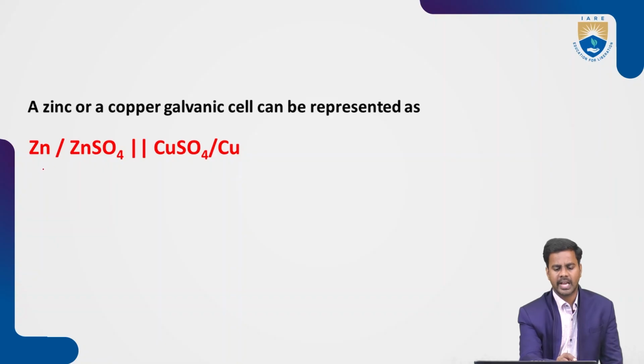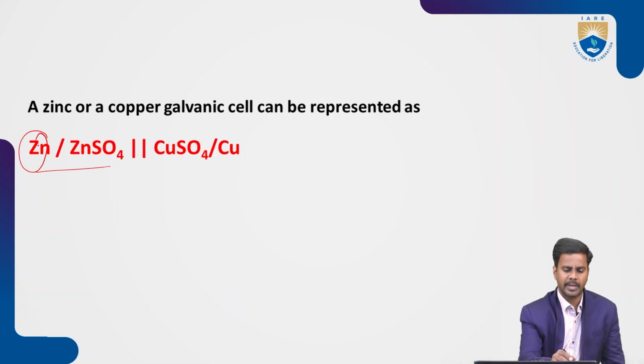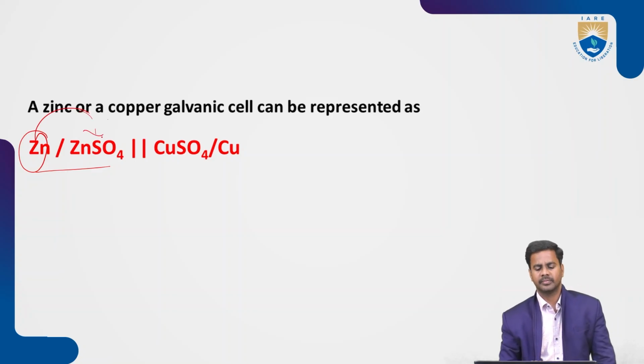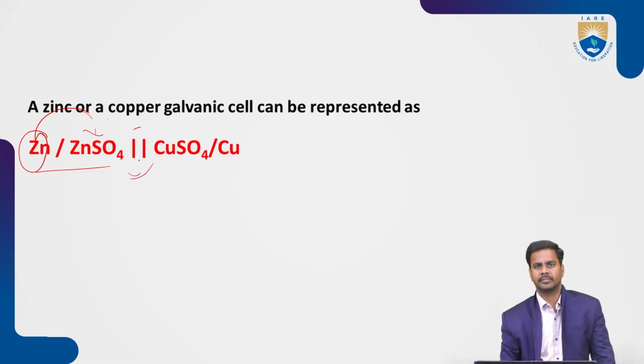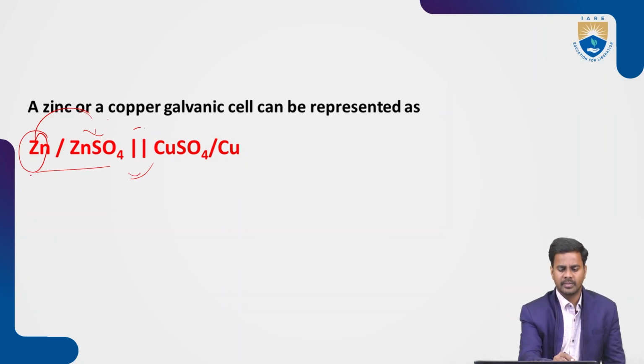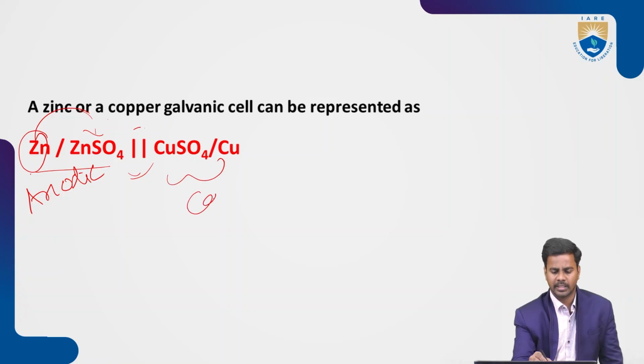Zinc slash ZnSO4. That means the zinc electrode is dipped in its corresponding salt, that is ZnSO4. Next, the two bars indicate the salt bridge. The salt bridge is placed between the two compartments. Here, this compartment acts as the anodic compartment and this compartment acts as the cathodic compartment.